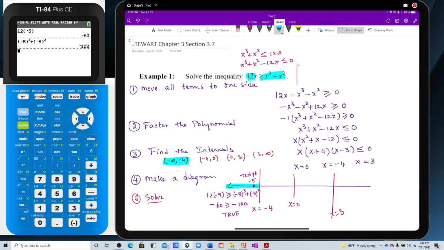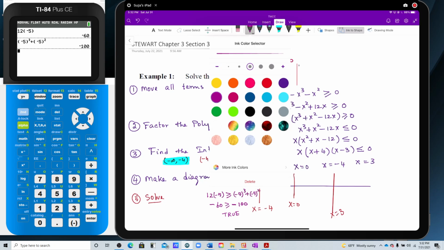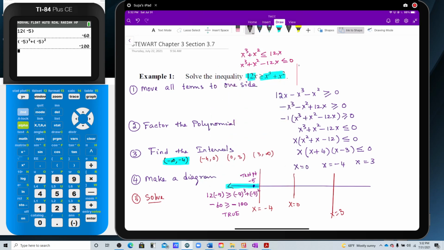Now repeat the same for the other sections. So for the other one, like say here, I will pick a test point of negative 1. So that's my test point. Again, I'm going to plug it in my equation. 12 times negative 1 greater than or equal to negative 1 cubed plus negative 1 squared.